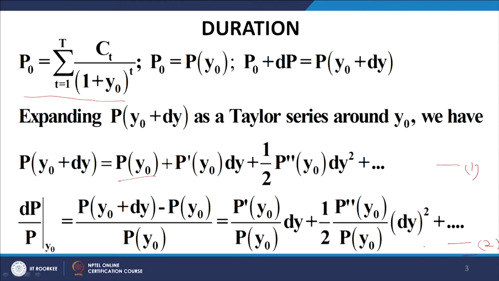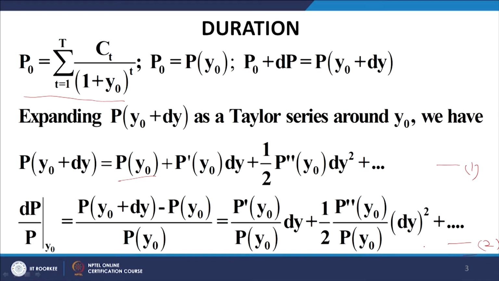In other words, dp upon P at Y0 is equal to P dash Y0 divided by P Y0 into dy, plus 1 by 2 P double dash Y0 upon P Y0 into dy squared, and we are retaining the Taylor series up to only second order terms in the derivative.